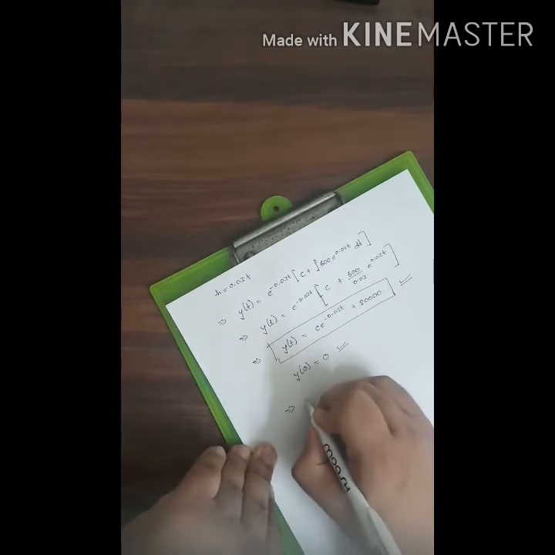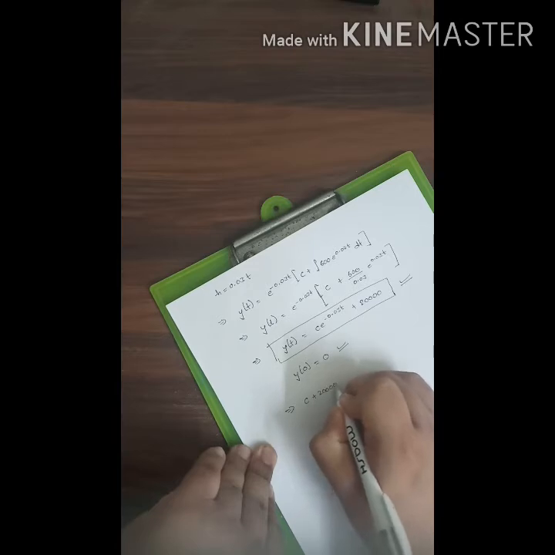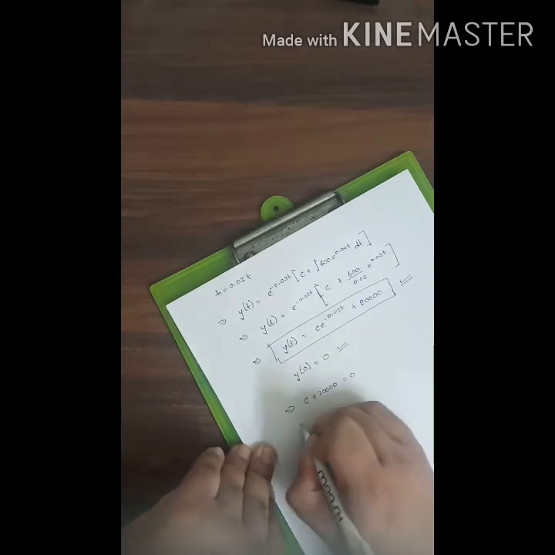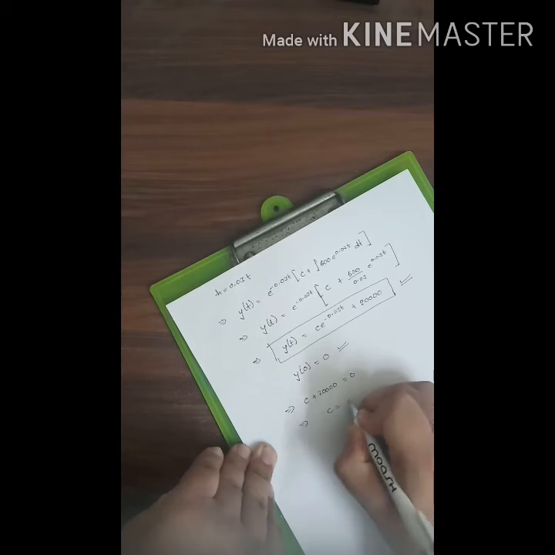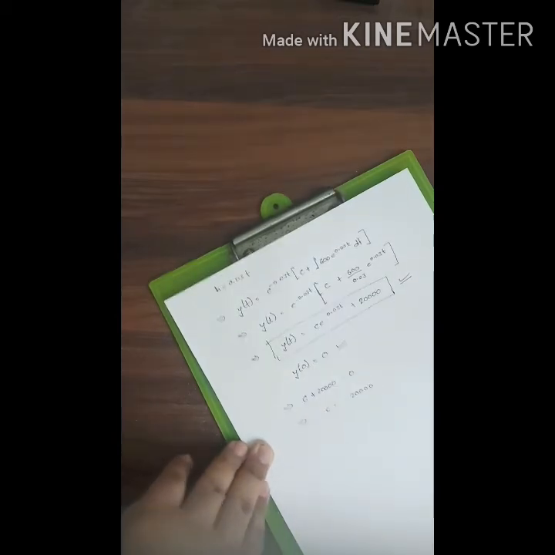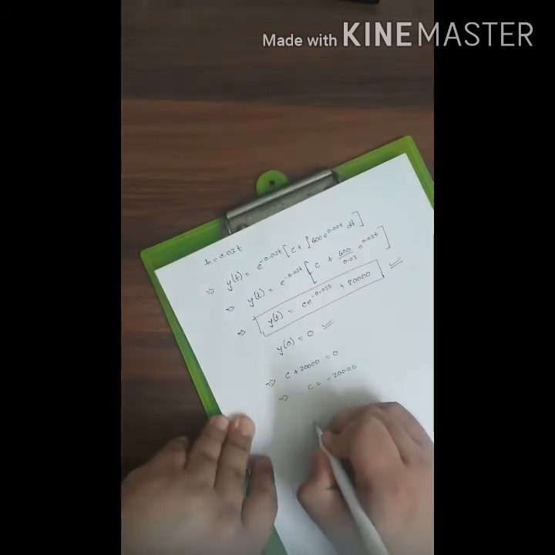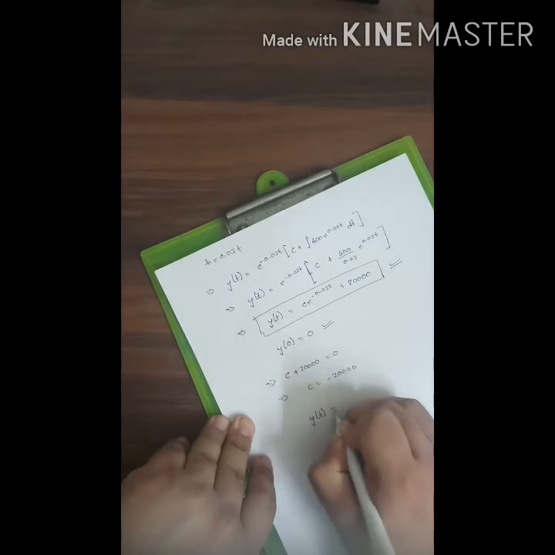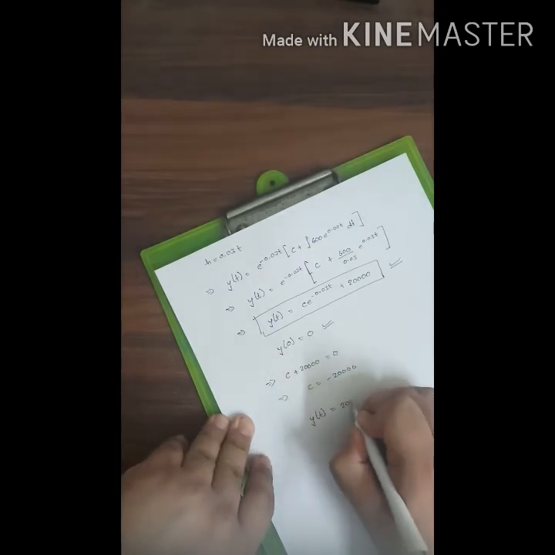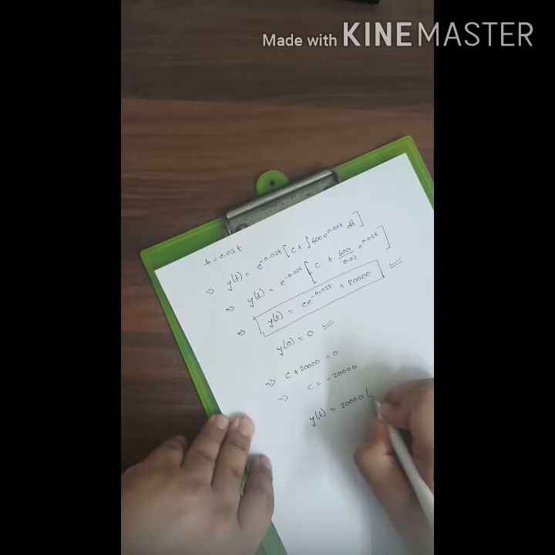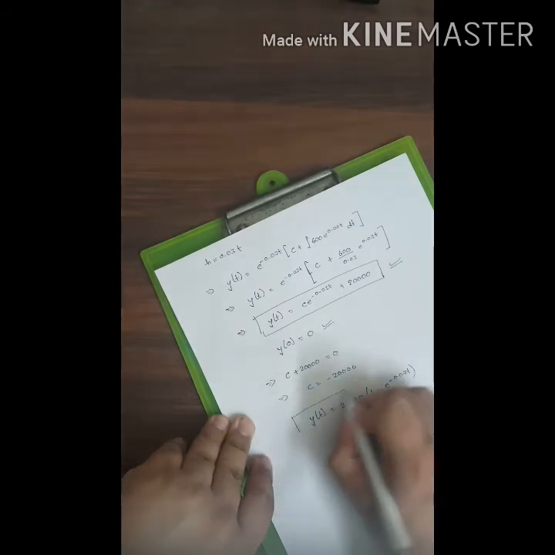We get c plus 20,000 equals 0, which implies c is equal to minus 20,000. So the exact solution would be y(t) equals 20,000 times 1 minus e raised to the power minus 0.03t.